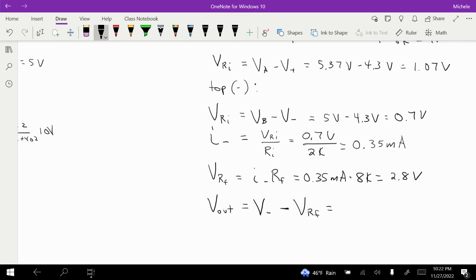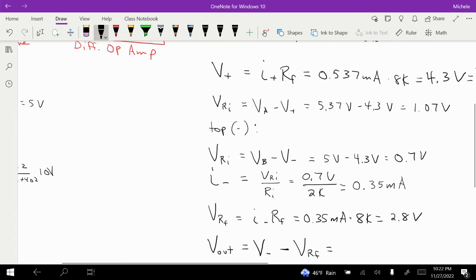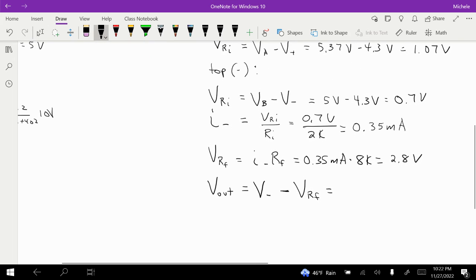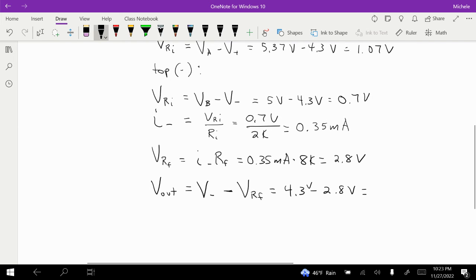So that's going to equal 4.3 minus 2.8 volts, and that will equal 1.48 volts.